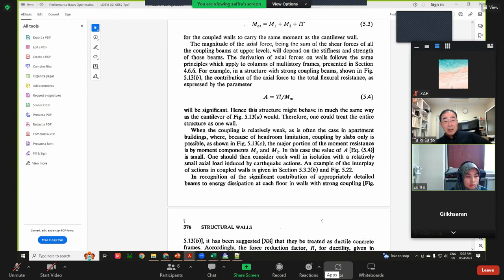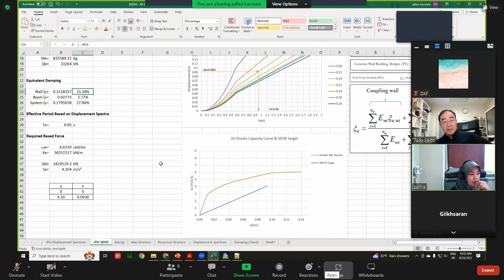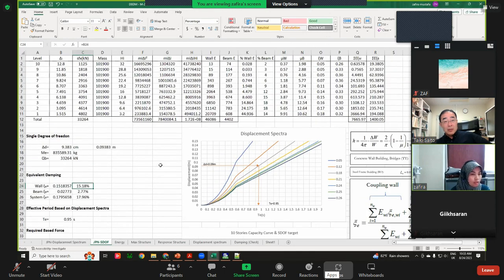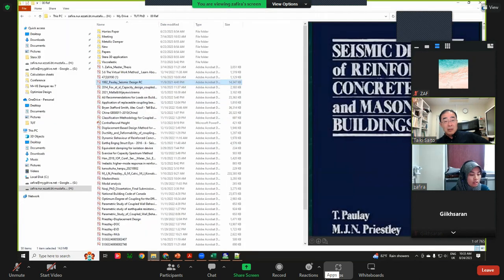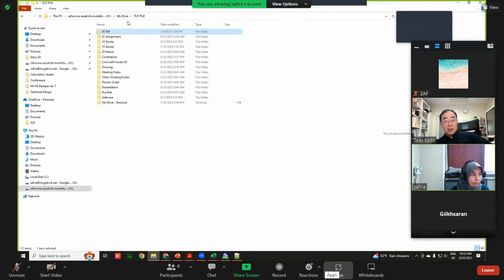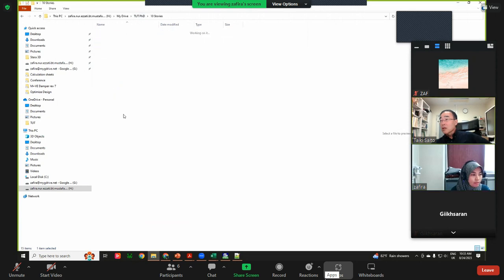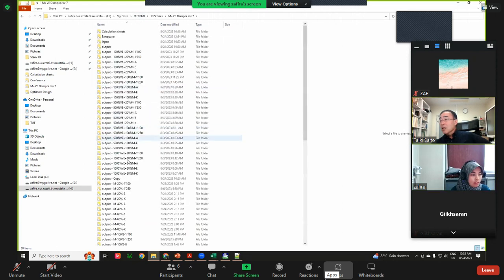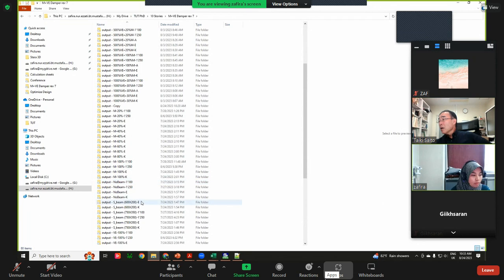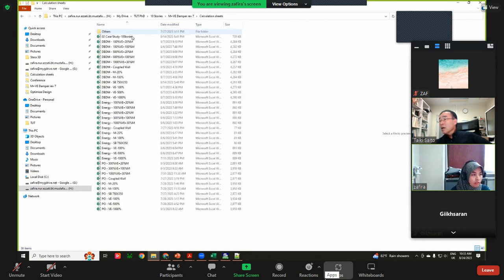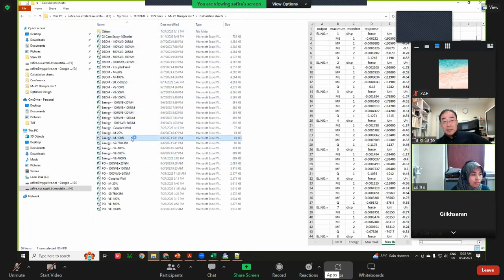So how much coupling ratio do you have in my model? Okay, for example, 100%.